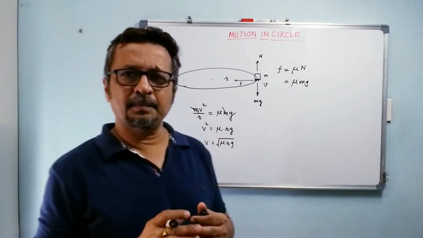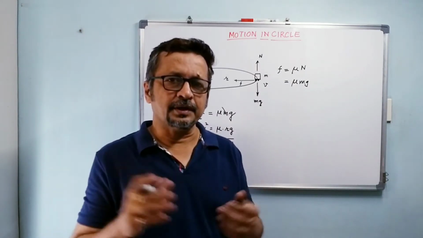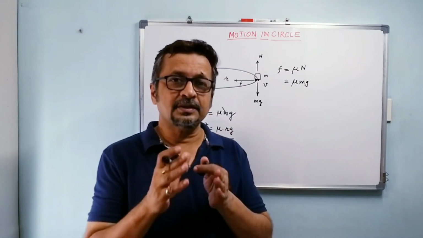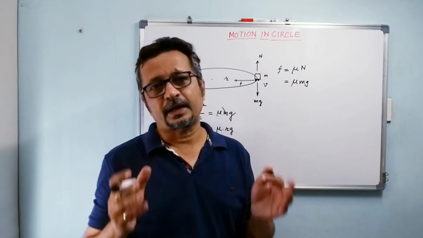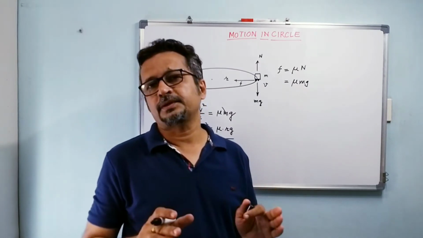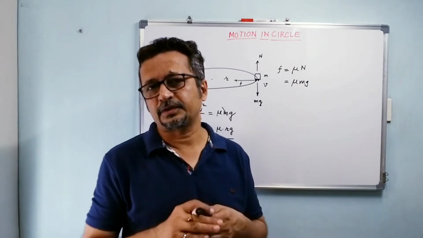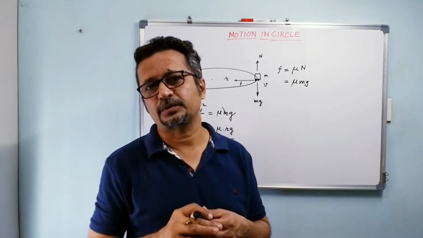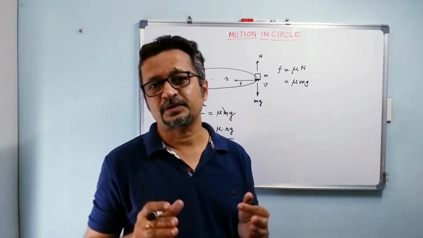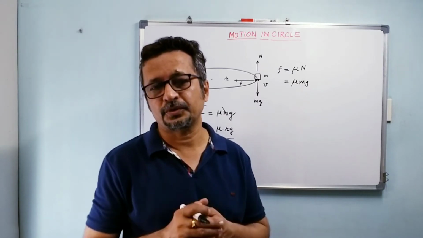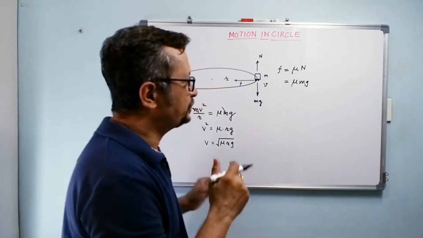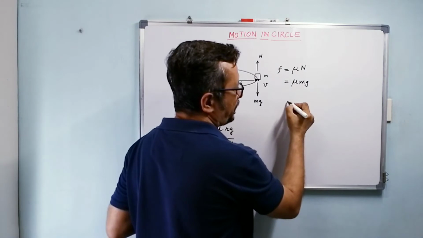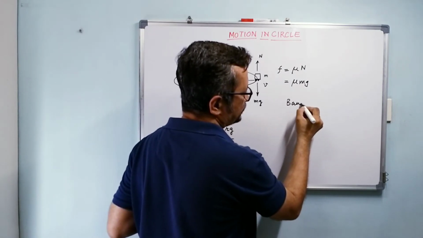But then you would think, if friction is taking care of this centripetal force, there is going to be some wear and tear of the tires, correct? The tires will wear out. So there has to be something that we need to do on this. And what do we do for that? For that, we do something which is called banking of roads.